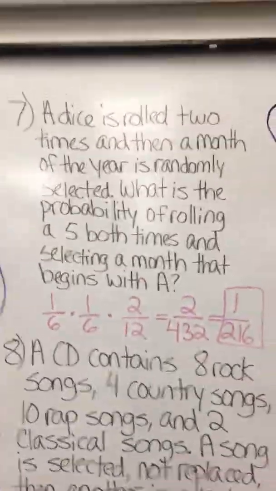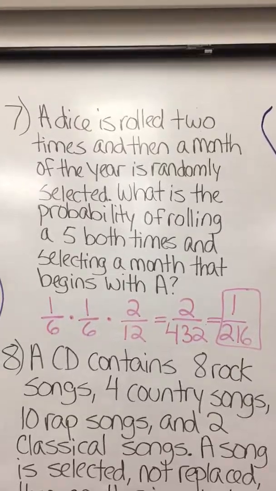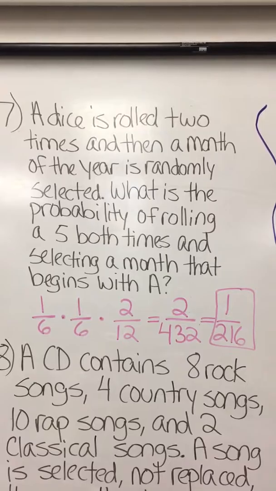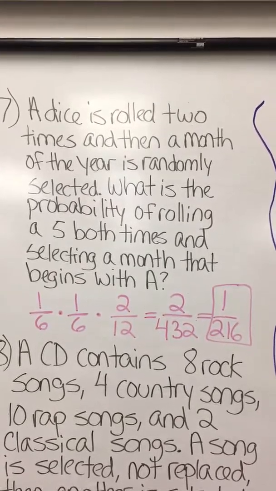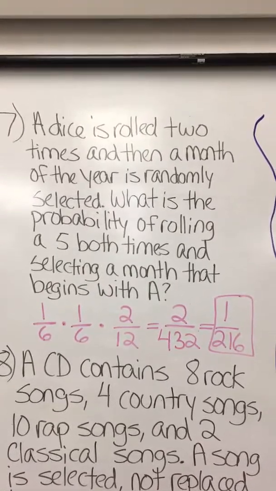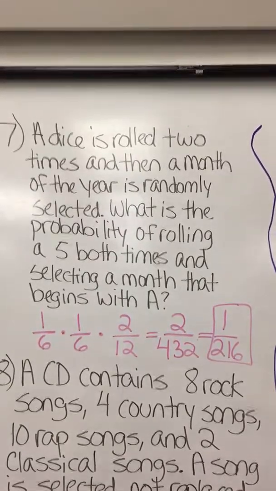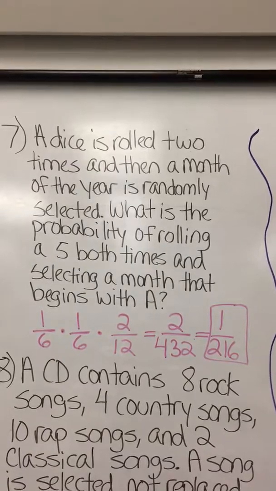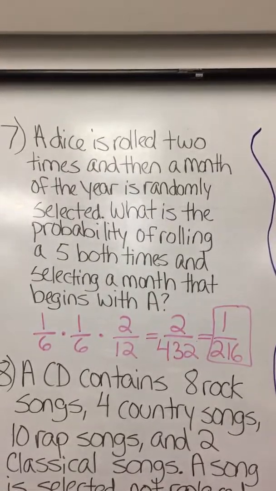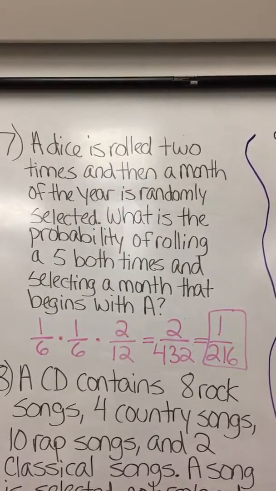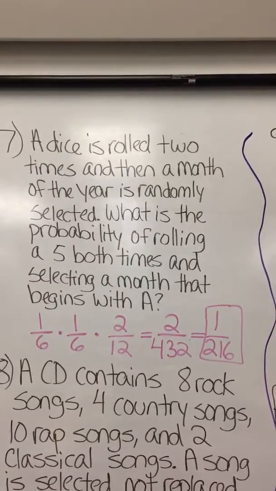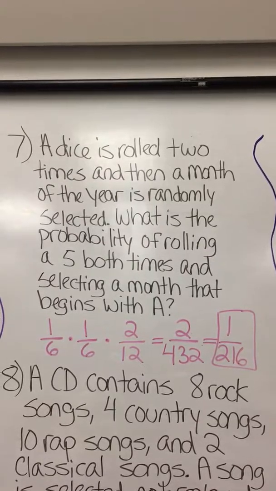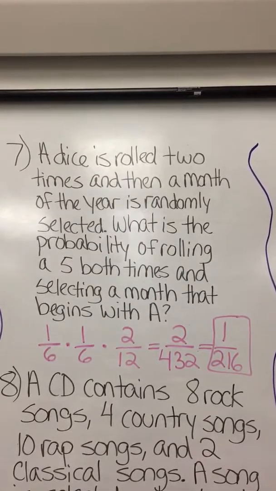Moving right along to number 7, we have a dice is rolled 2 times and then a month of the year is randomly selected. What is the probability of rolling a 5 both times and selecting a month that begins with A? So if we're going to roll and try to get a 5 both times, remember we're assuming that this is a 6-sided dice. So our bottom number is going to be 6, and there is only one chance of rolling a 5 each time.